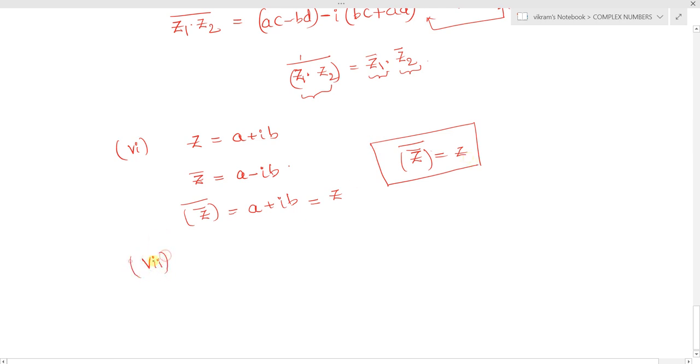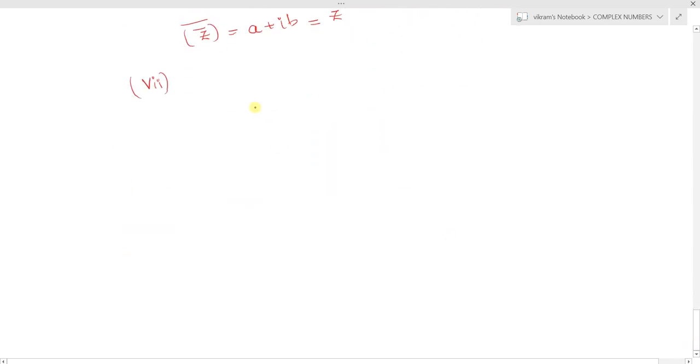Now, what is another property here? (z1 by z2) whole conjugate equals z1 conjugate by z2 conjugate. For this one, I am giving the proof as an assignment.